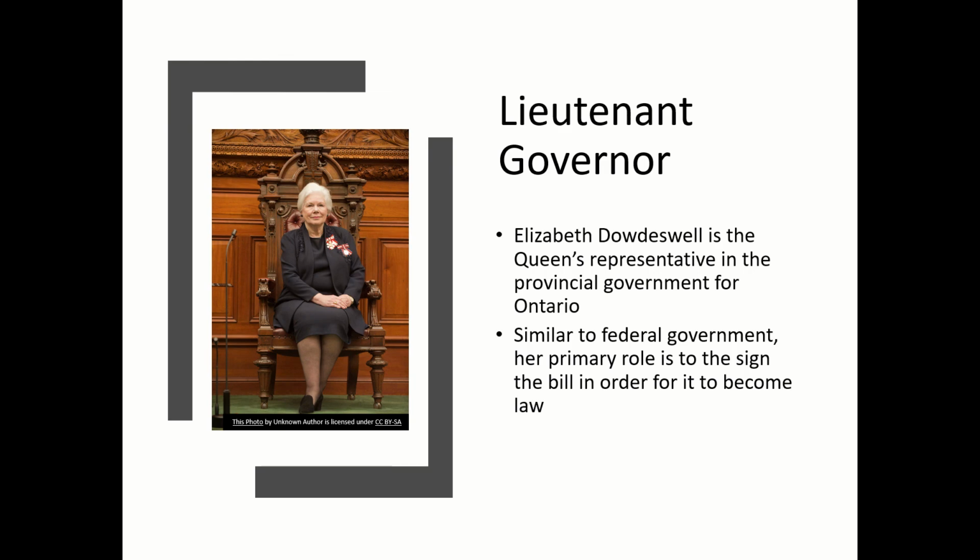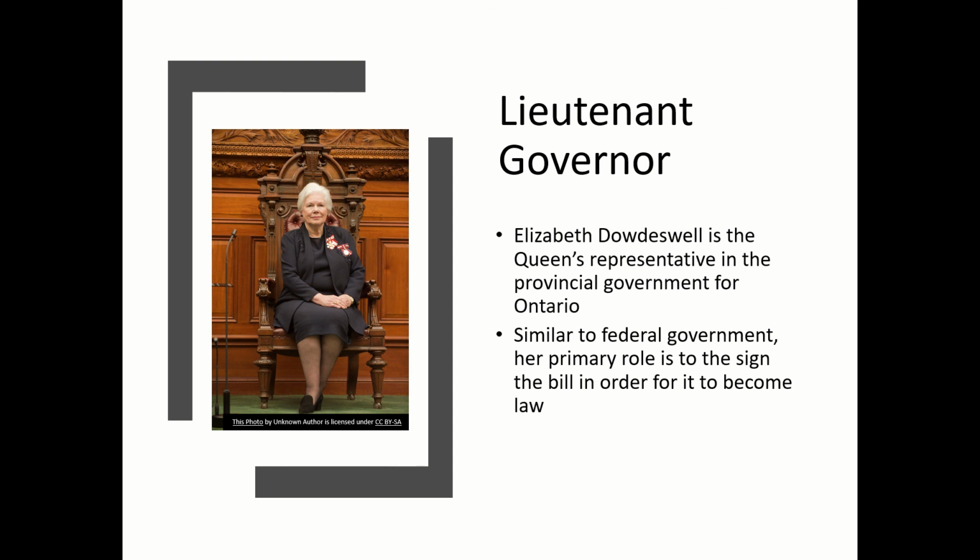Now, I mentioned before, the Queen plays a big role in Canada, and she's not here, so she has the federal representative as the Governor General, but that's for the whole country.